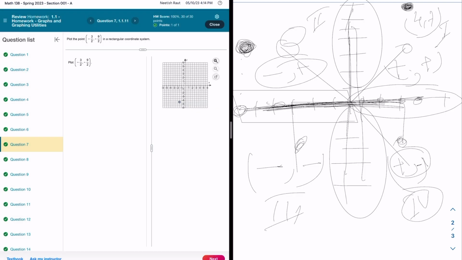This is the same: (-3/2, 9/2). If you are confused about what 3 by 2 is, click on the calculator and it will give some value. What is 3 by 2? So it's minus 1.5.